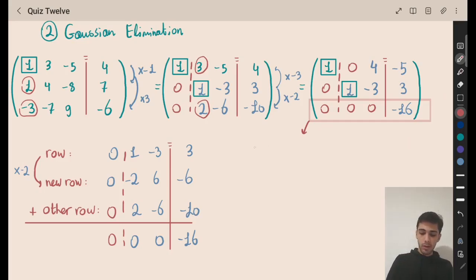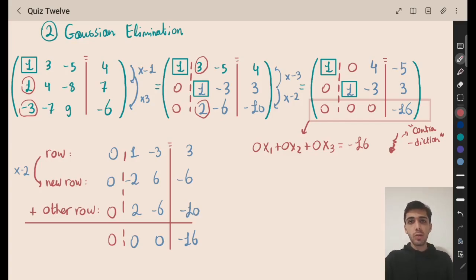It says that 0 x1 plus 0 x2 plus 0 x3 is equal to minus 16. You see? And this doesn't make sense. This doesn't make sense. The sign means a contradiction. So this is a contradiction.